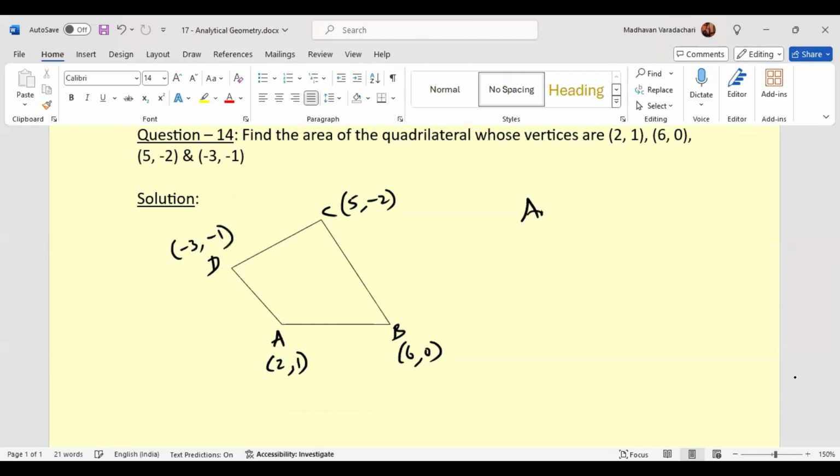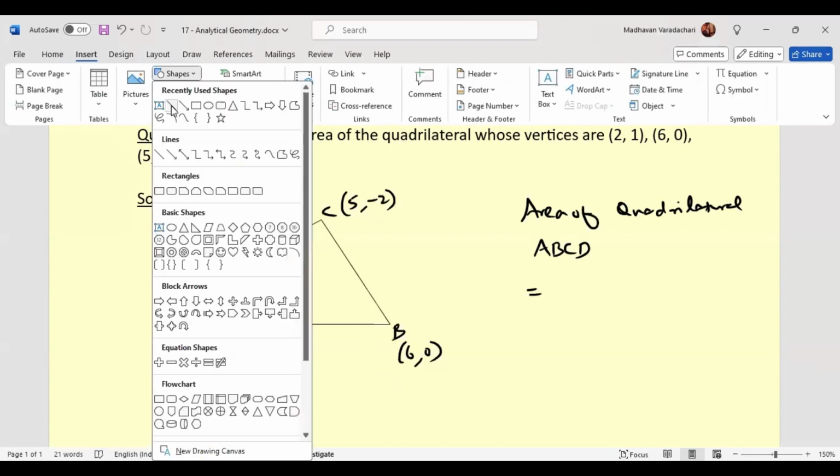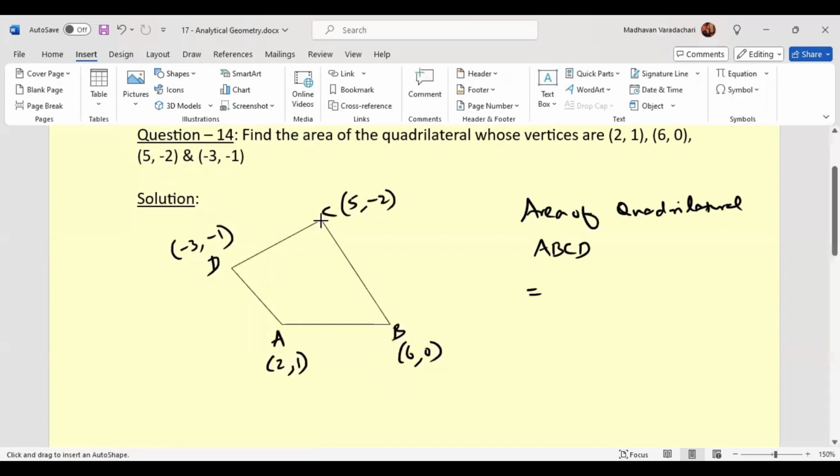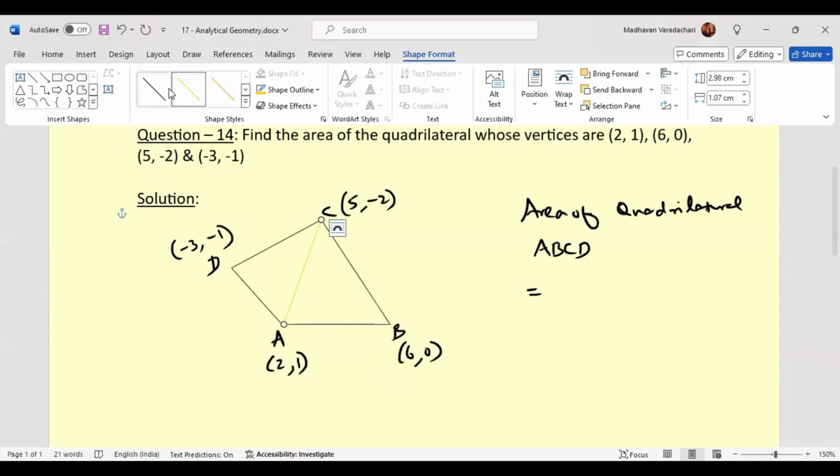Now we can notice area of quadrilateral ABCD is equal to, I can bring in a division. I can draw a line from A to C so that this can become two triangles.